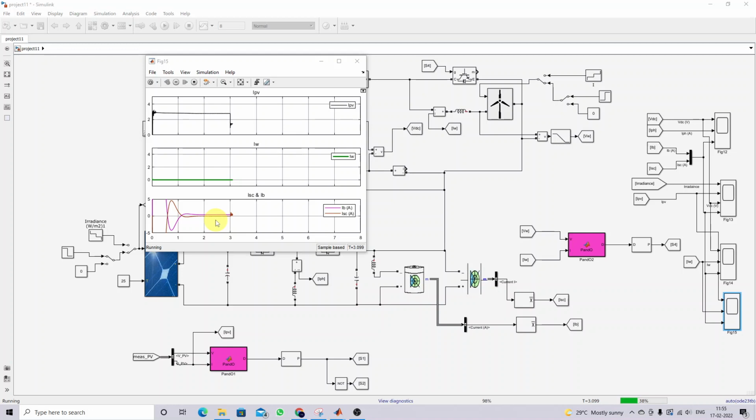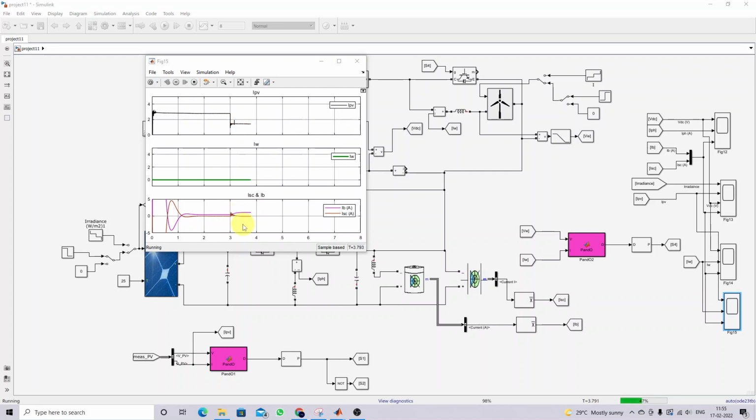Now we can see that because of the reduction in the PV, the supercapacitor goes for discharging, and the battery is discharging more. So because of the reduction in the PV, the supercapacitor and the battery go for discharging.